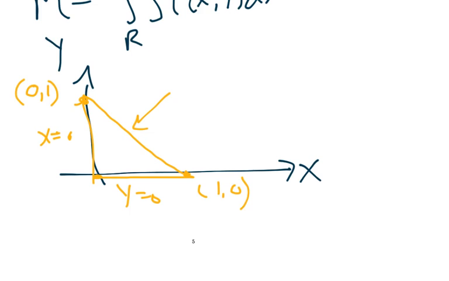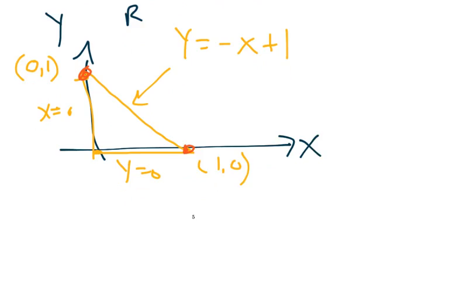Rise over run is minus 1 over 1. And its y-intercept is 1, so if you work this out, you get y is equal to minus x plus 1. And we can check that because when x is equal to 0, y is equal to 1 up here. When y is equal to 0, then x has to be equal to 1. Okay, so this is our domain.